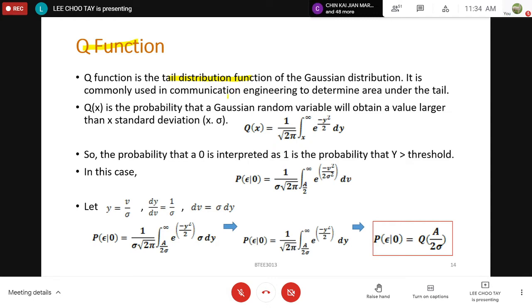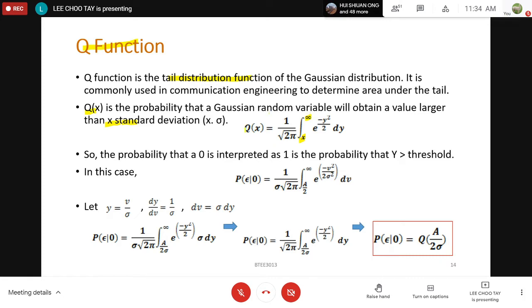By definition, Q of x is the probability that a Gaussian variable will obtain a value larger than x standard deviations, and it's given by this equation. Q of x is equal to 1 over root 2 pi, the integral of e to the minus y squared over 2 dy, with the limit from x to infinity.